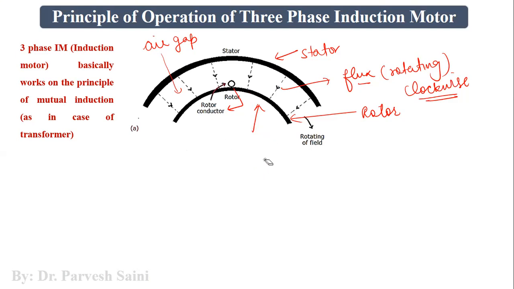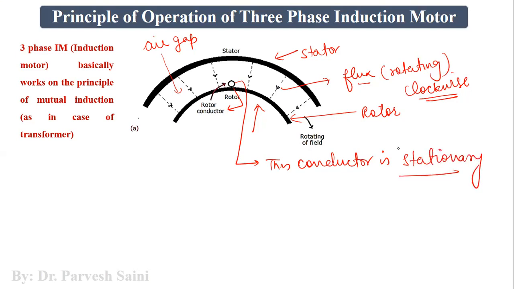Now this conductor is stationary, which means it is not moving at all.